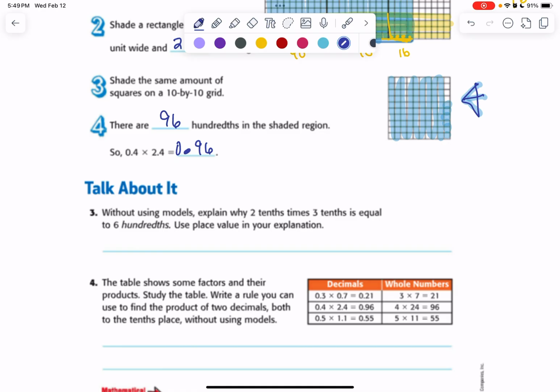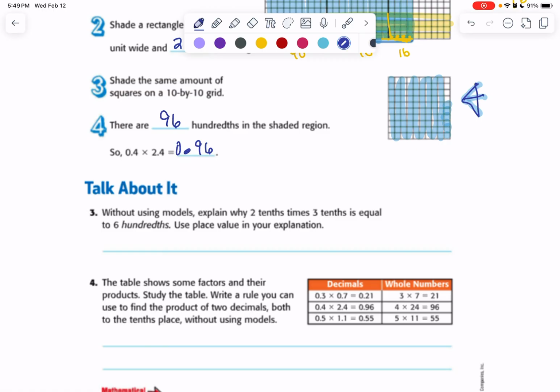Without using models, explain why 2/10 times 3/10 is equal to 6 hundredths. Well, remember before we discovered that when you multiply tenths times tenths, you're going to get hundredths. Okay?